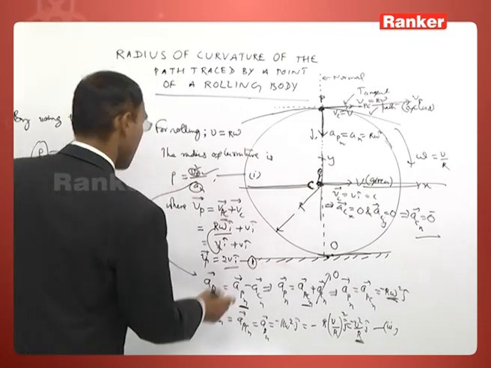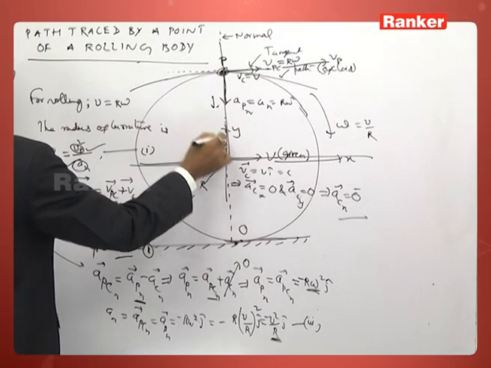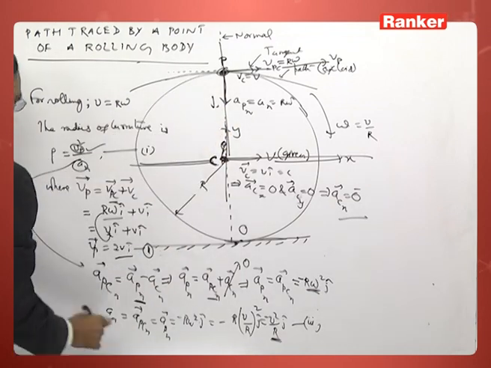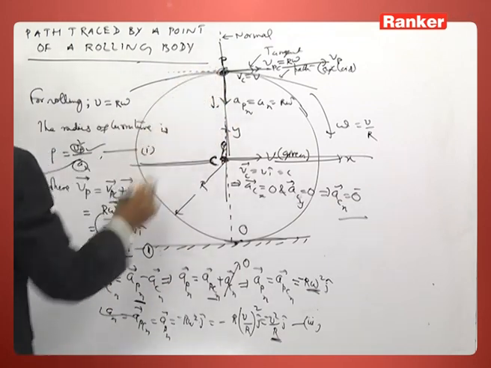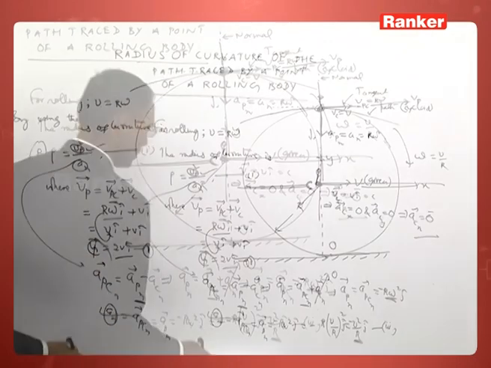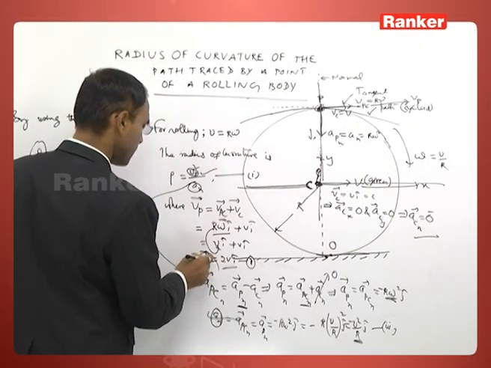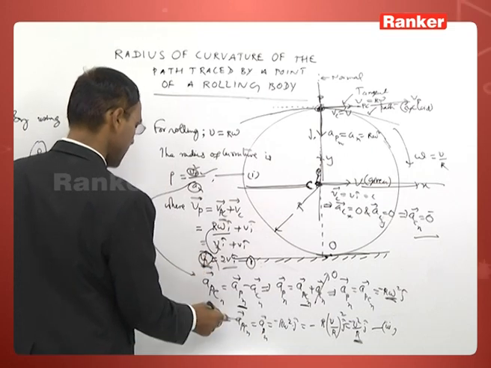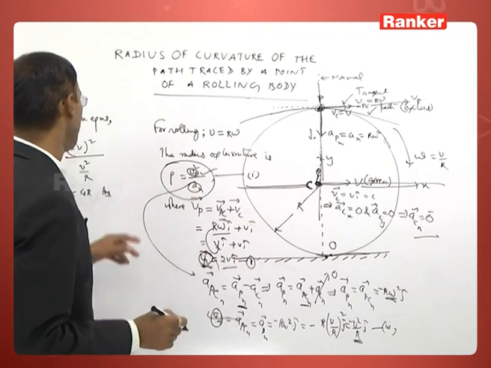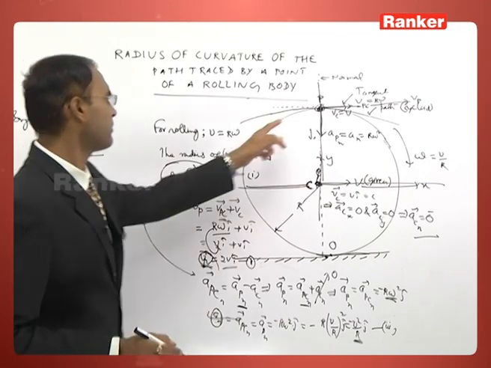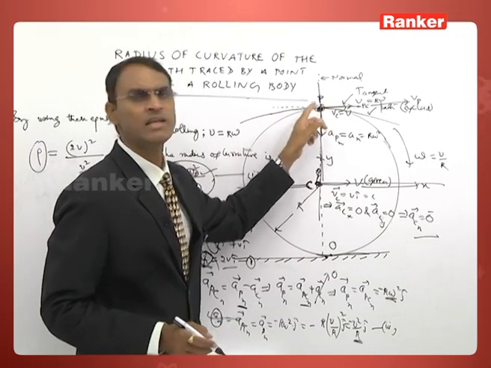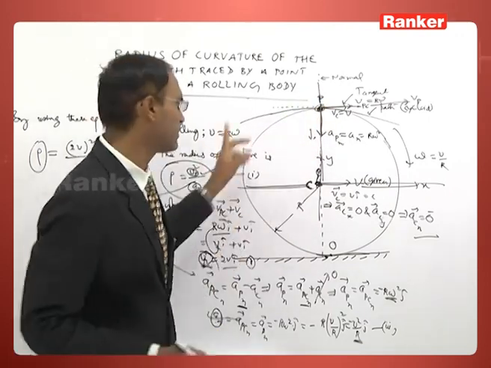So, knowing the acceleration of the point P along the normal direction, inward normal, and its velocity 2v, substitute these two values, the velocity and the acceleration, in the formula for the radius of curvature. You can get the radius of curvature of this path traced by this point P at this instant is equal to 4 times the radius of the disk.